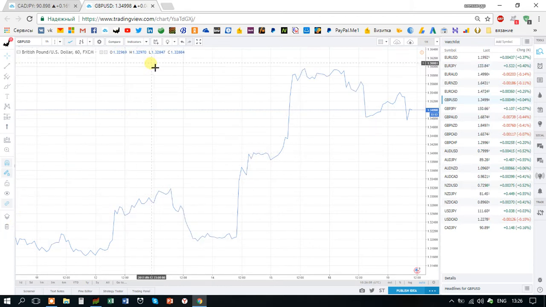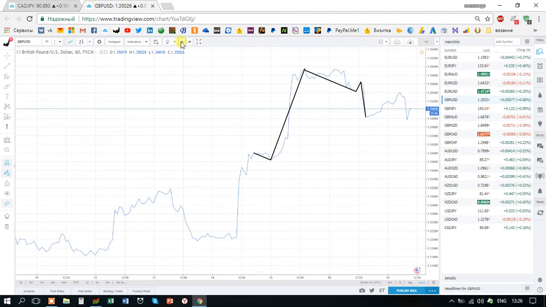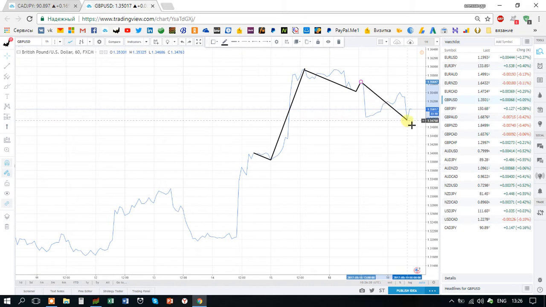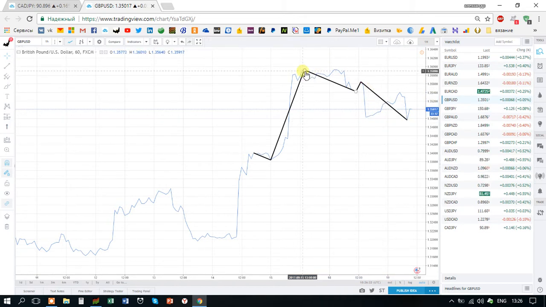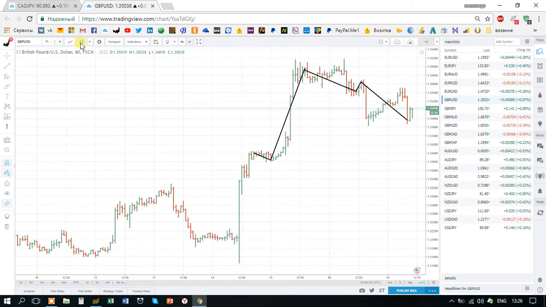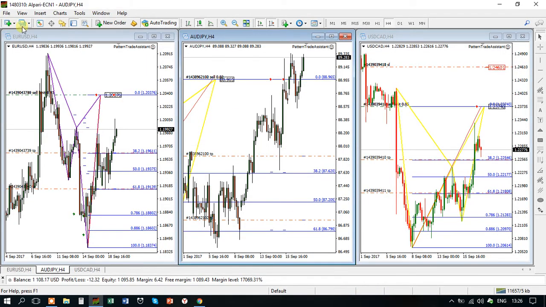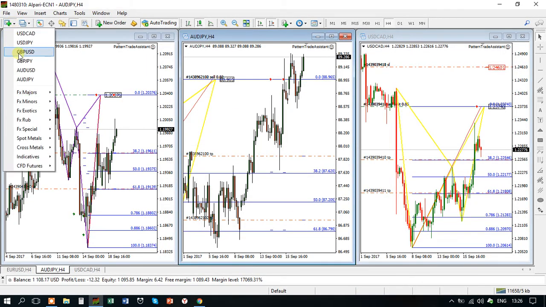A potential pattern opportunity on pound dollar, and you will see that opportunity in a second. We didn't break it higher, but we did break it lower, so we have a lower low. If I switch this way, okay, pound dollar potential opportunity. As I promised you, I will show you how my software works.